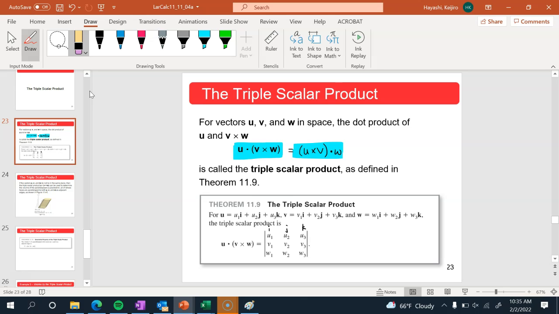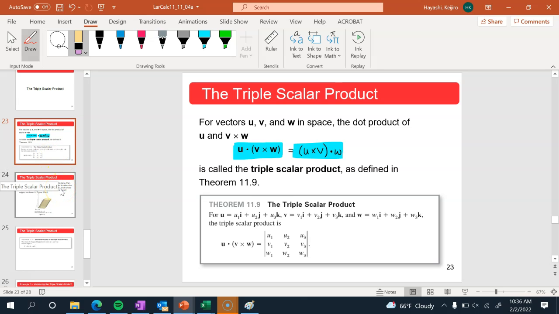So in the end, it's just easier to throw the u1, u2, and u3 up here in the first row, because you're going to be multiplying by all of those anyway. So it ends up being u1, u2, u3 on the top instead of i, j, and k.